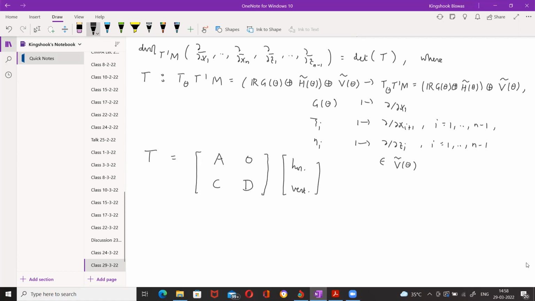Let me just do the computation. So this acting on an H and V, what will this be? This will be AH, CH plus DV.